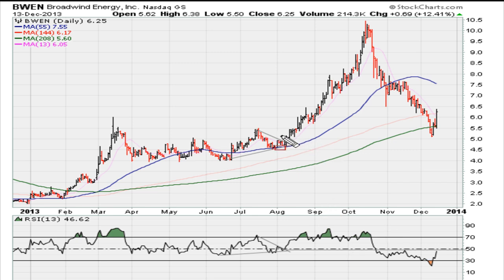And here's a stock that had a nice run from, see here, from here to here, talking about $5 to about $10.50, 100% gain. So we see that there is a wedge here. So this was the entry point somewhere here.